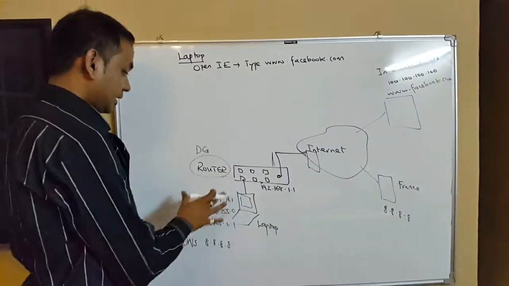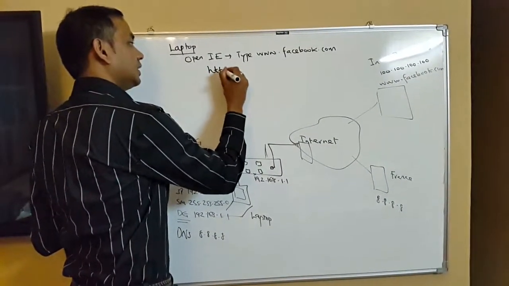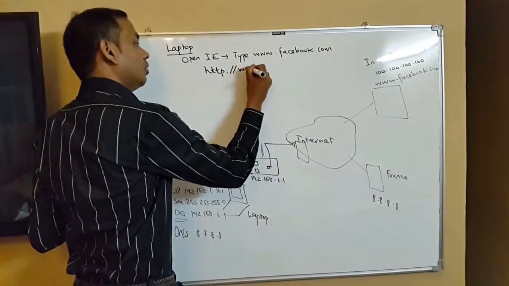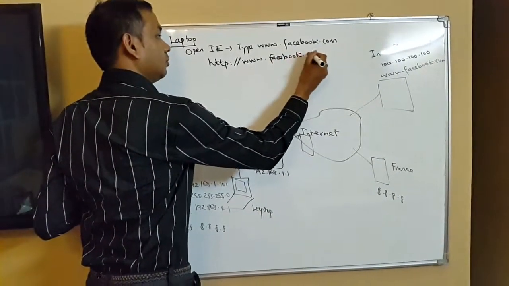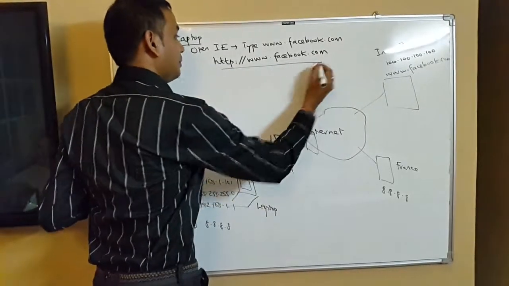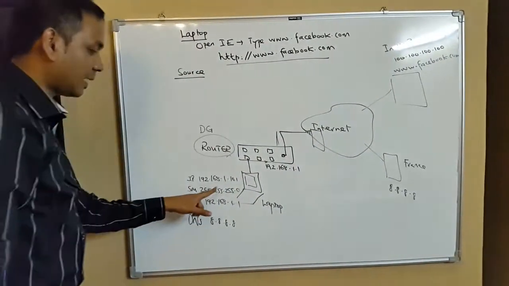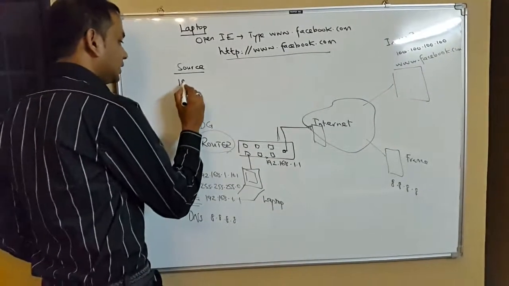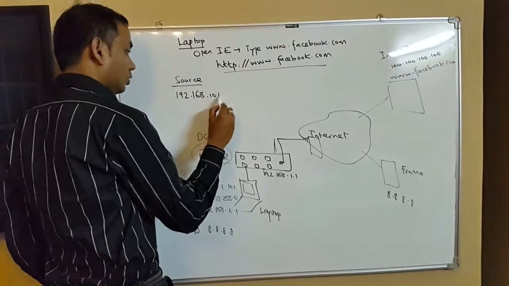What I have typed here on my PC is http://www.facebook.com. Basically, my source IP is 192.168.1.100.